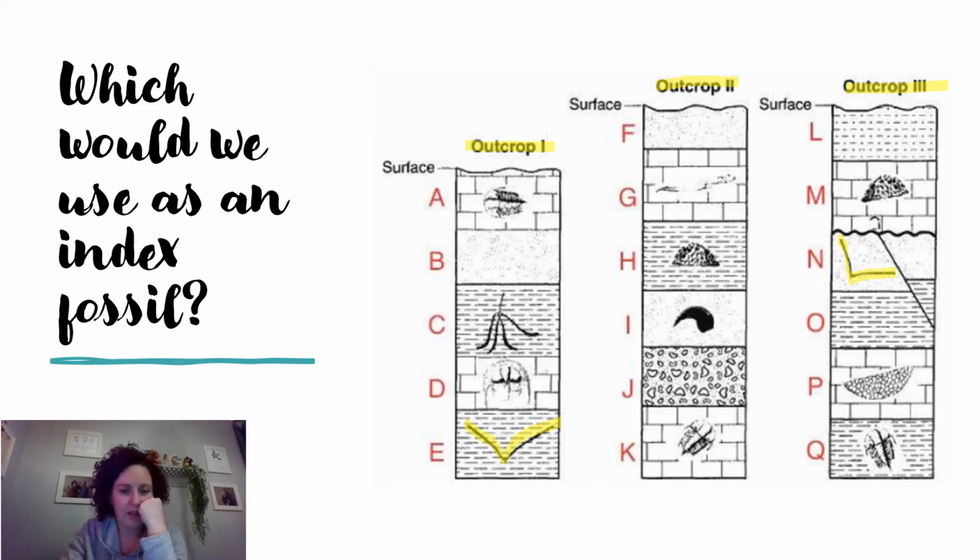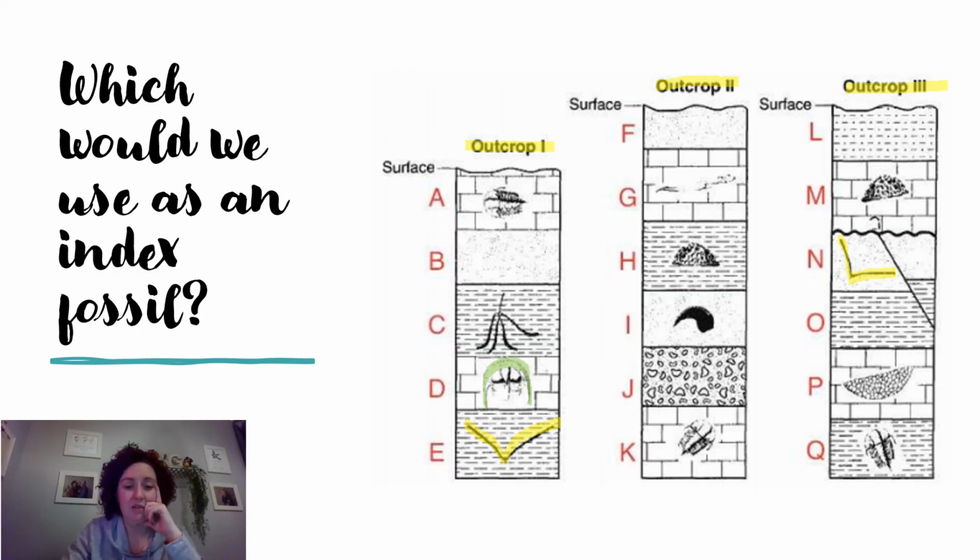Okay, let's keep looking. Now I have this weird little half crescent moon thing, and I'm going to be 100% honest, as I'm recording this, I can't see what's below P. I don't remember what's in layer Q. I think I know what's in Q, but that's just where we're at. I don't see any other one in either of the outcrops.